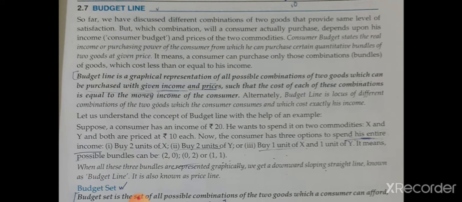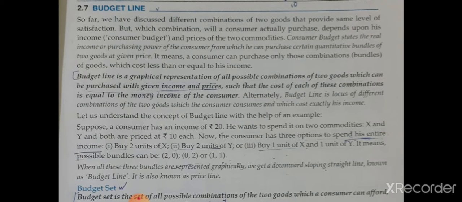Now the consumer has three options to spend his entire income. Buy 2 units of X at 10 rupees each, so 2 into 10, 20 rupees. Or buy 2 units of Y, then 2 into 10, 20 rupees. Or buy 1 unit of X and 1 unit of Y, that is 10 plus 10, 20.